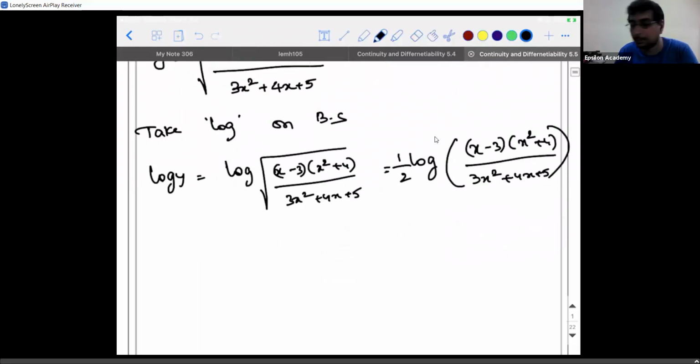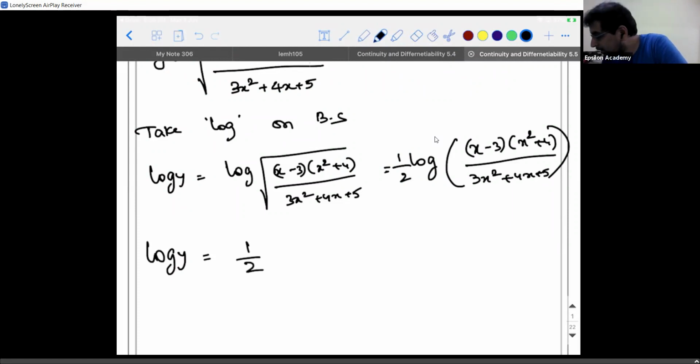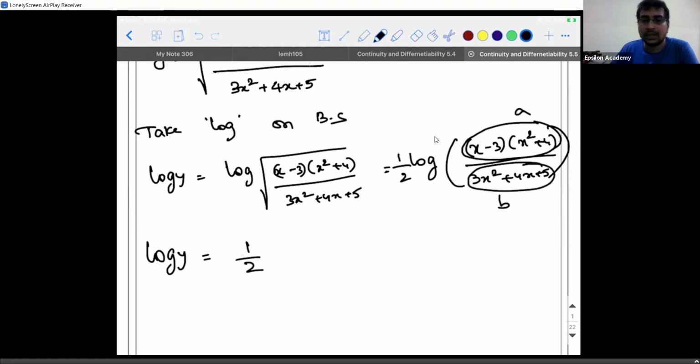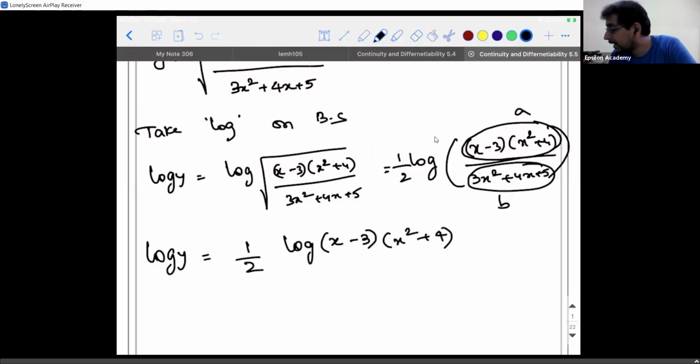Now my problem is simple, because log y is equal to half into, if I take this whole thing as a and this whole thing as b, log of x minus 3 into x square plus 4 minus log of 3x square plus 4x plus 5.